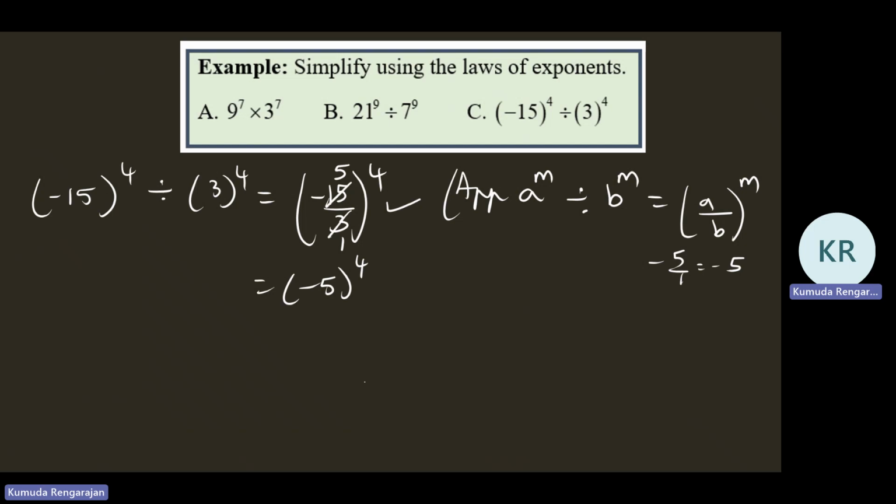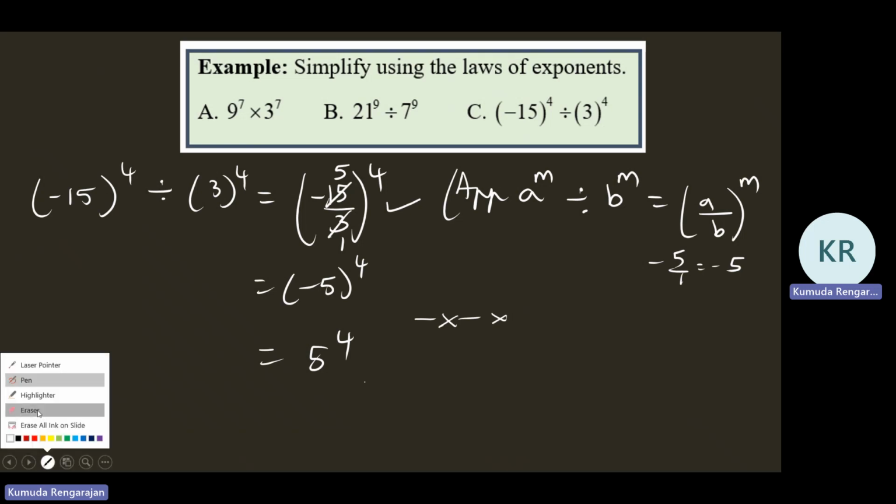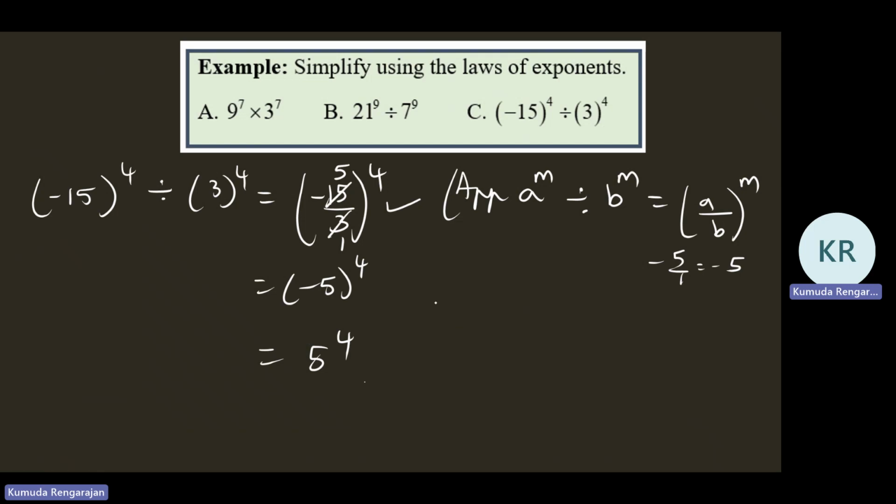Minus into minus is plus, so minus into minus into minus into minus is plus. So it is nothing but 5 to the power 4. 5 fives are 25, 25 fives are 125, 125 into 5 is 625. So this can also be written as 5 to the power 4.